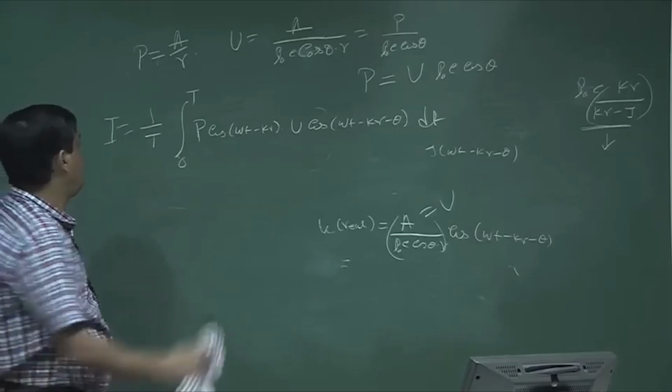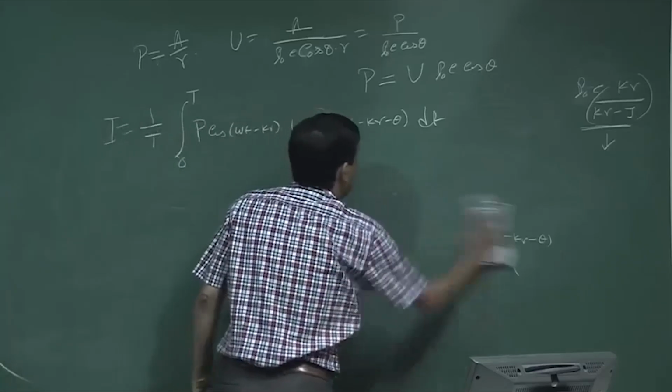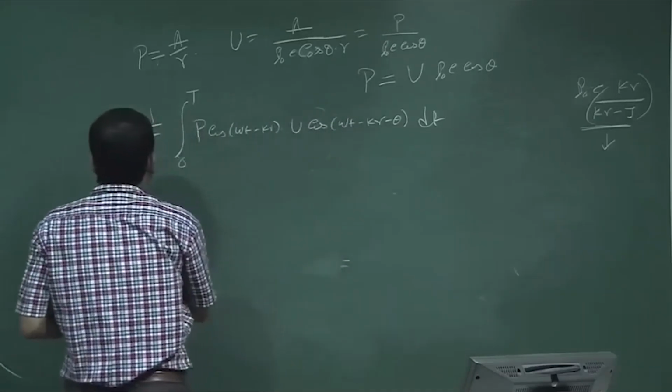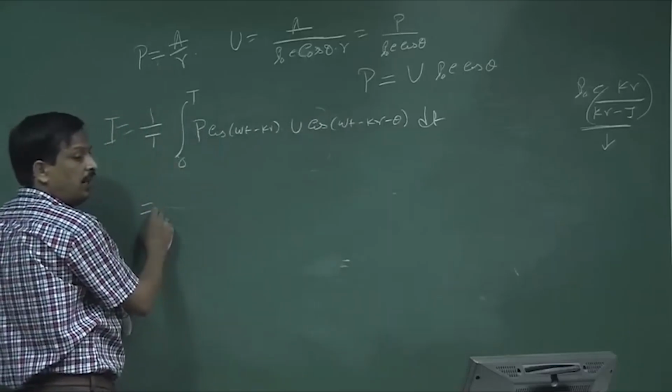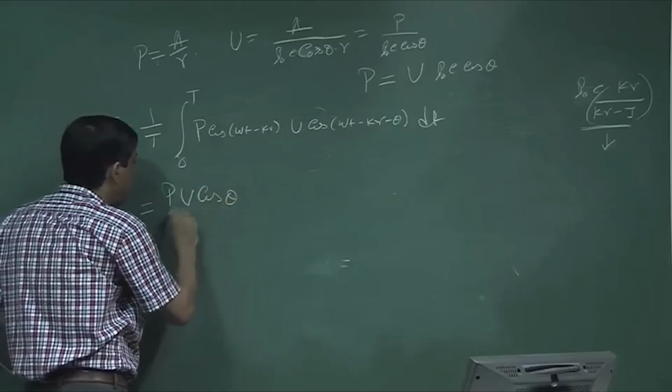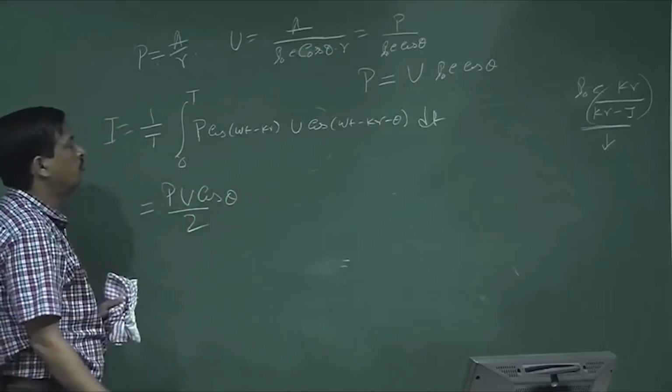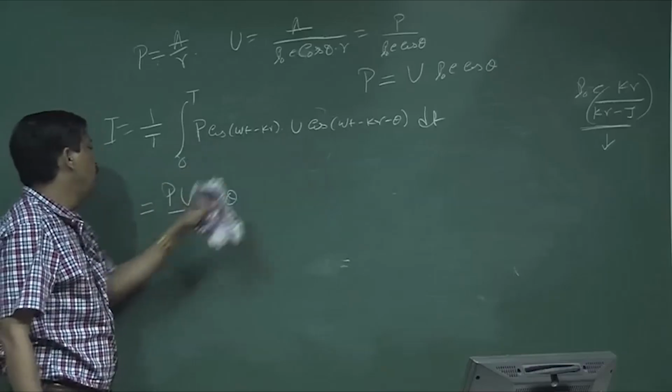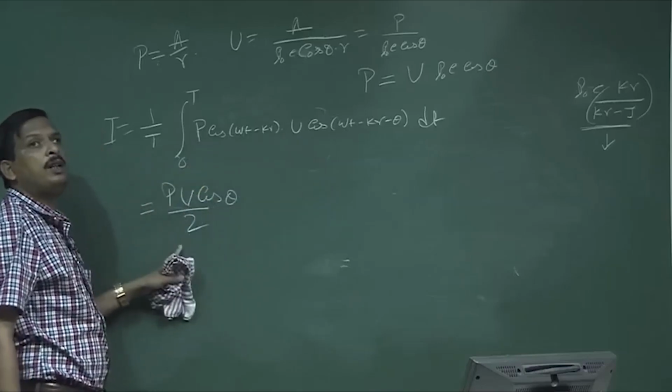Okay. Now, do this whole integration. If you do this integration, what will you get? P into U cos theta divided by 2.